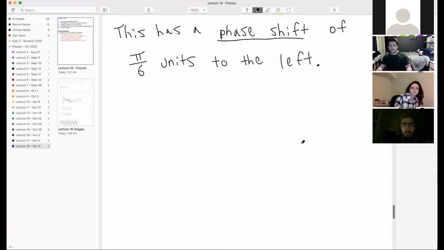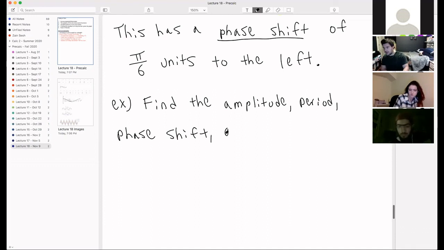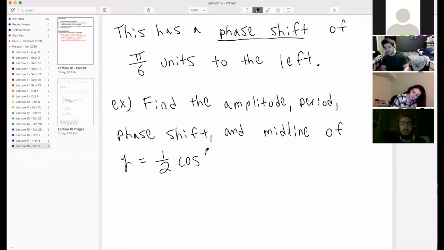Okay, let's do another, maybe more interesting, example. Find the amplitude, period, phase shift, and midline of y equals 1/2 cosine of 1/3 times (x minus pi).